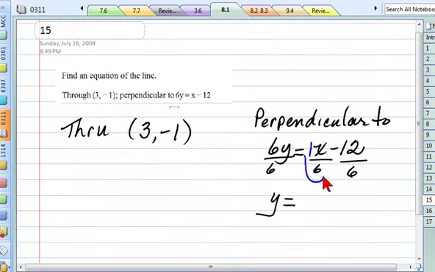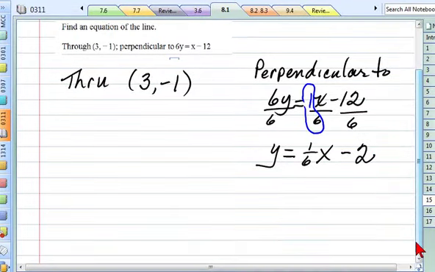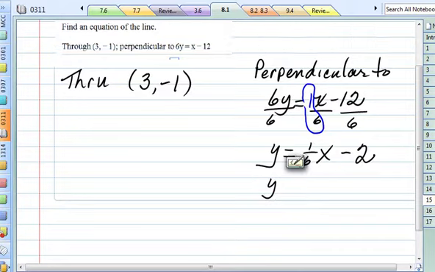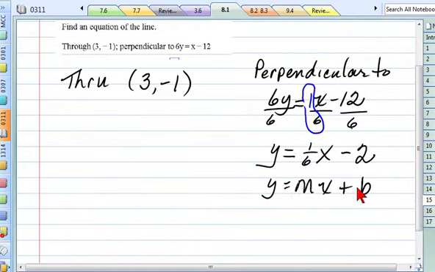So the coefficient is the fraction 1/6 x, and then do the division, minus 2. All right, this is now y = mx + b.